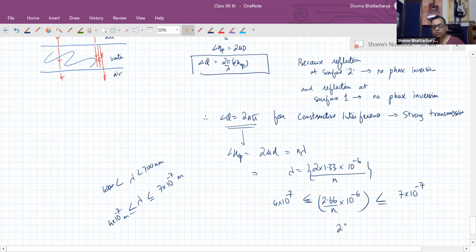Okay, so 2.66 by n should be between 7 by 10 and 4 by 10. So look for those values of n. Okay. And from that you calculate the wavelengths.